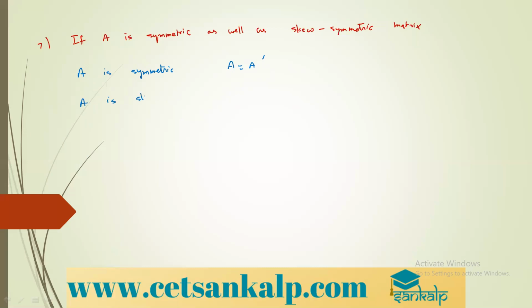Because A is skew symmetric, A will be equal to minus A dash, or A dash will be equal to minus A. So from this, A dash is equal to A and A dash equal to minus A. So I can say A equal to minus A, or 2A will be equal to 0, or A will be equal to 0 matrix.